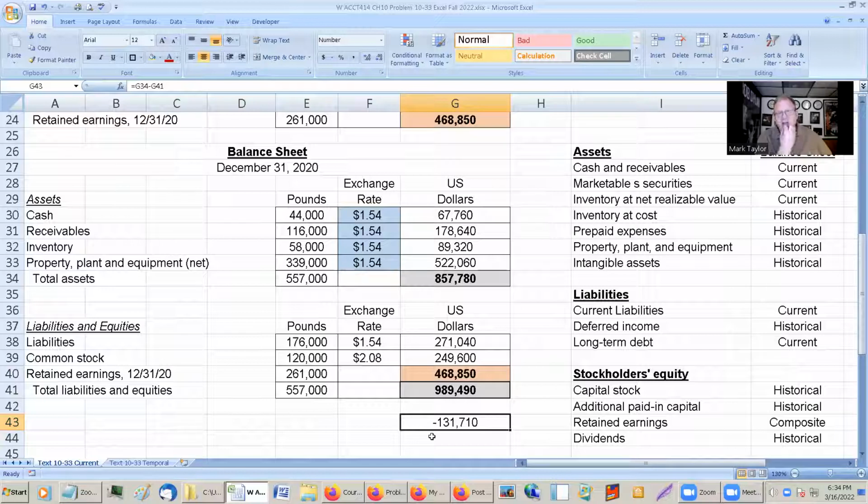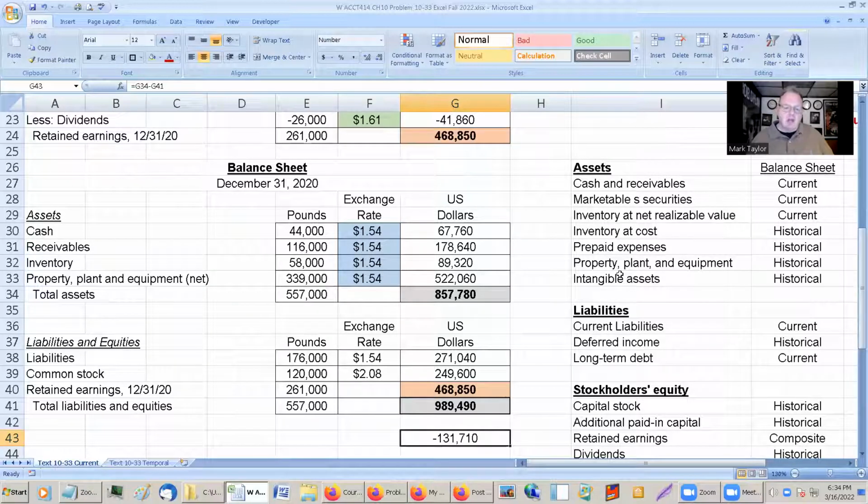Is that going to be a gain or loss? Yeah, it is a loss. It's a loss because we only have 857 of assets and we owe basically 989,000 of liabilities and equity. So this is going to be a loss. So this will be a translation.